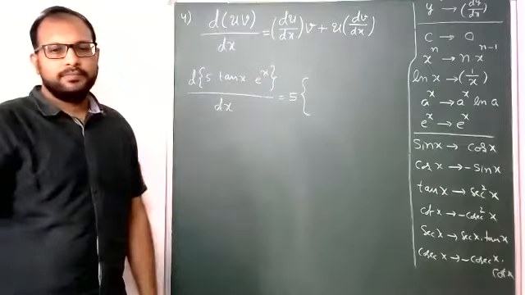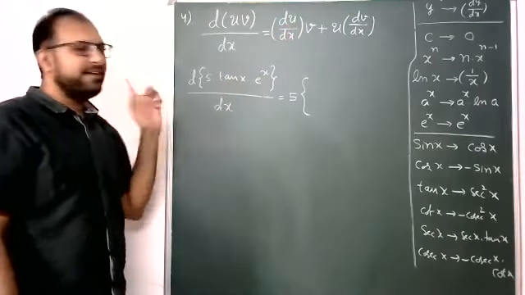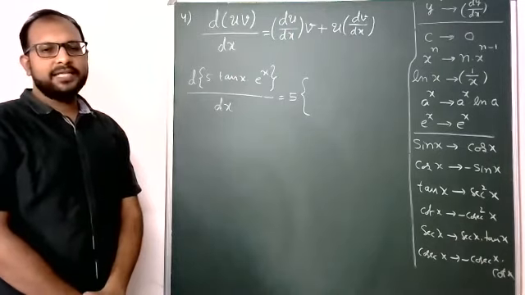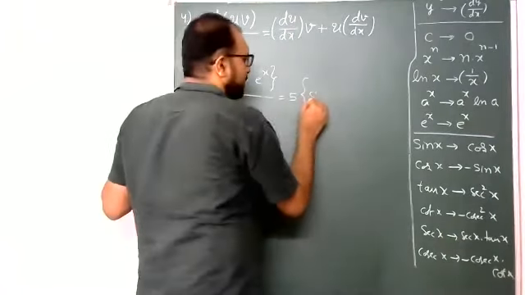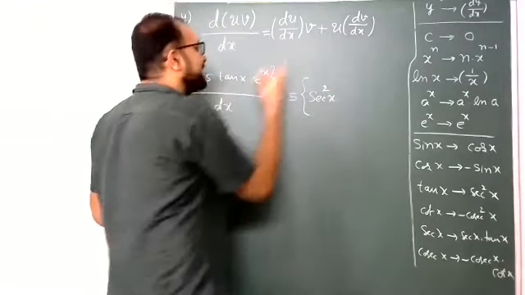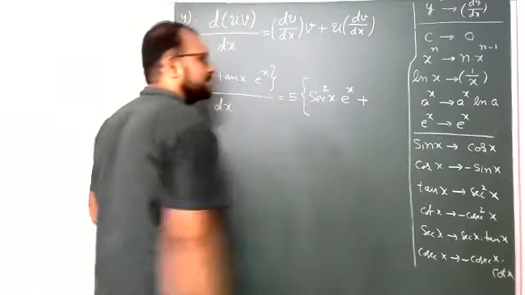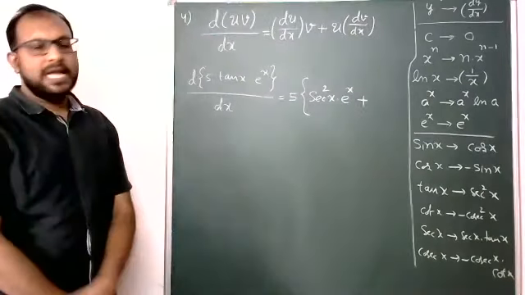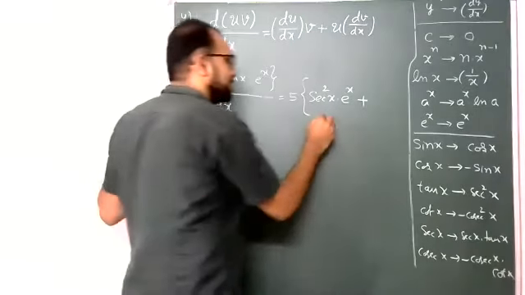Now, du by dx means derivative of the first function. Students, tan x derivative is secant square x. So secant square x into v as it is, e to the power of x as it is, plus the first function as it is, tan x.